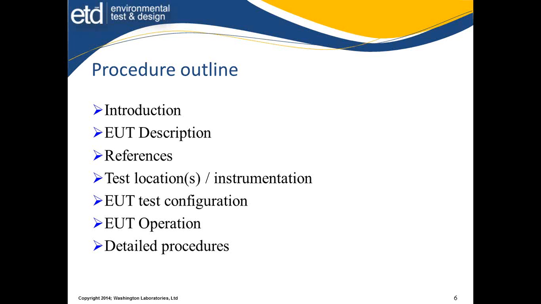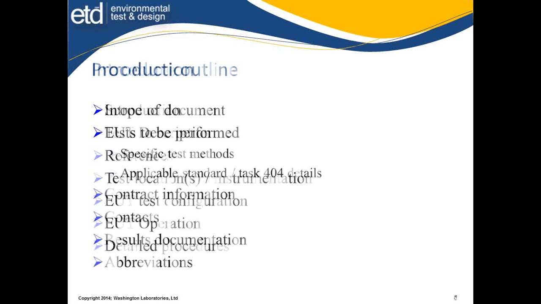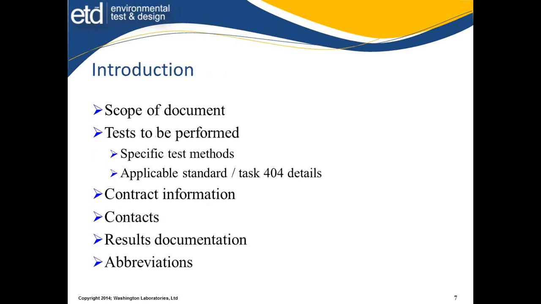And then the step-by-step, blow-by-blow details on every one of the individual tests and any deviations from those things that we talked about in the early part of the plan, like the configuration or operation. So let's just jump right into it. Introduction defines the scope. Is this scope going to be an all-inclusive document that takes care of environmental things throughout the world?